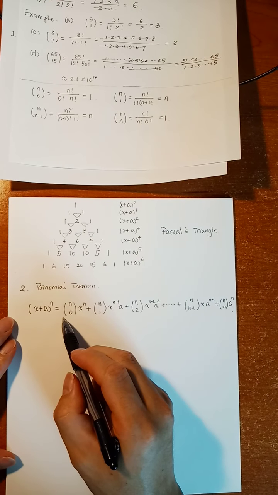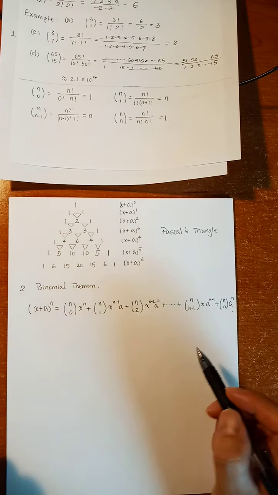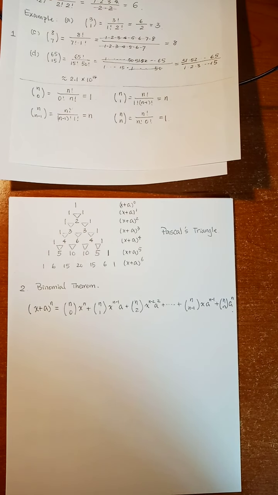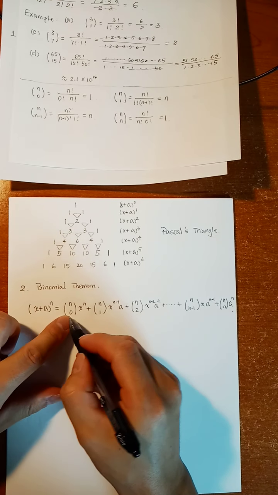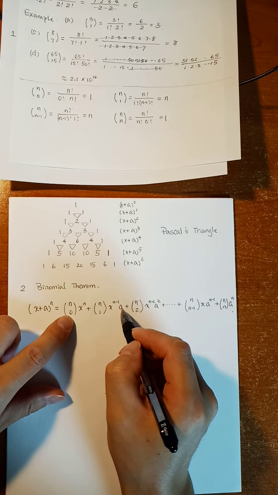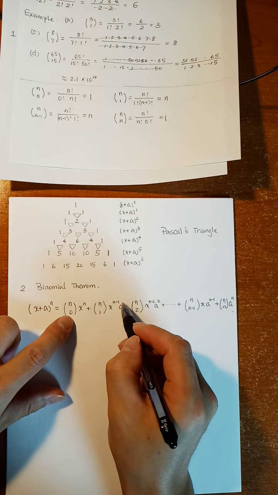So actually those n choose j are exactly the coefficient of each corresponding term. Right? So this is the so-called binomial theorem. Here 0 means there's no a. The bottom numbers are the powers of a.